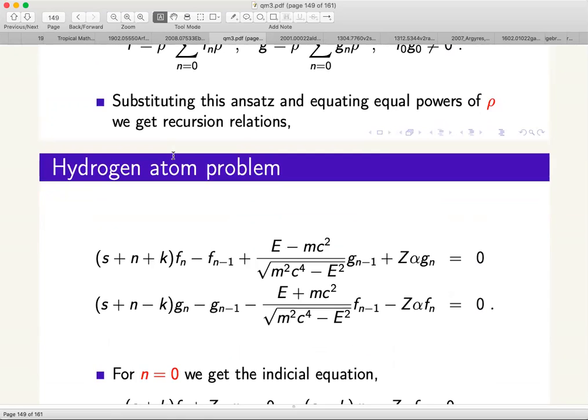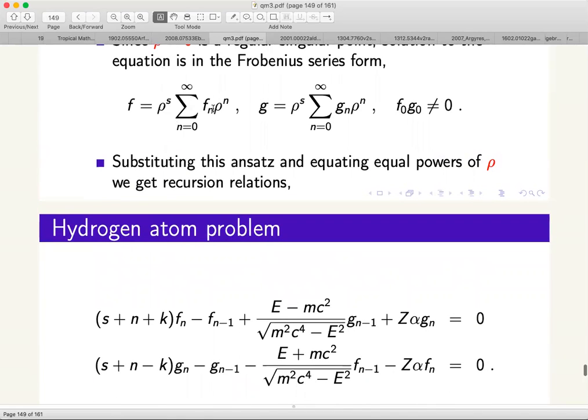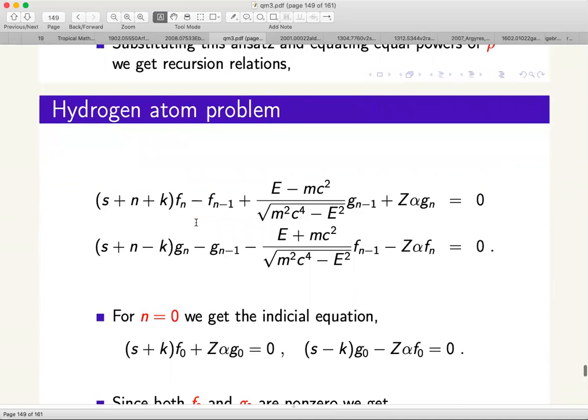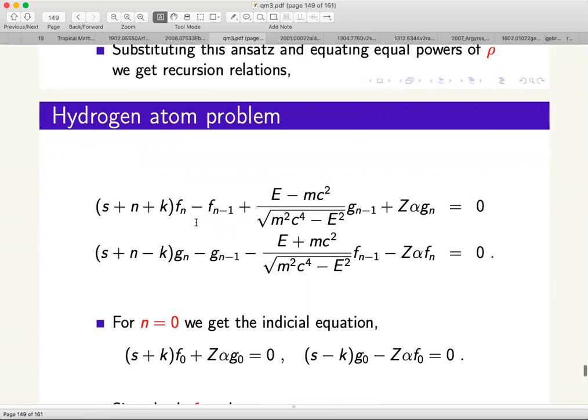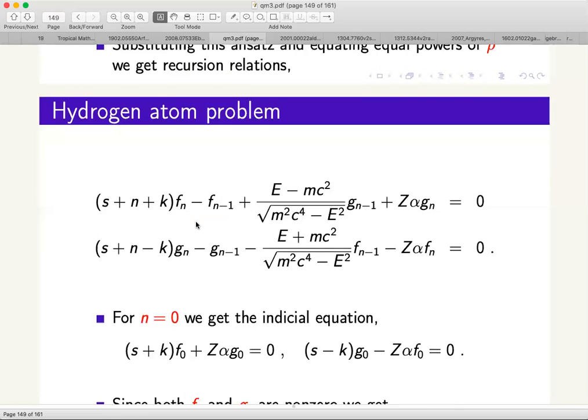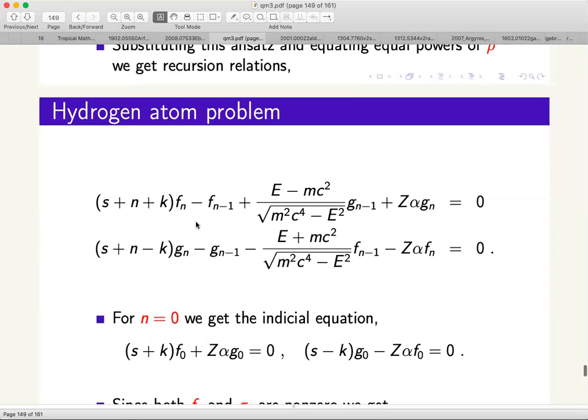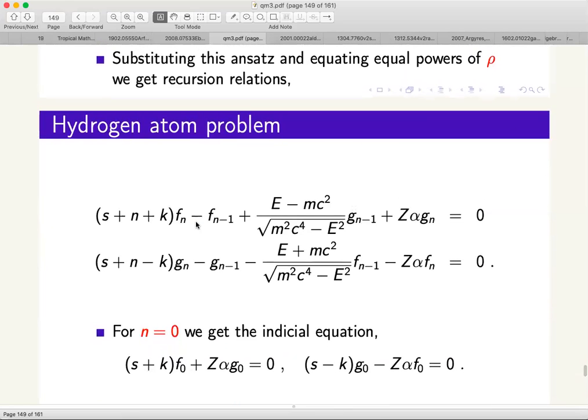Once you determine that index, the only thing that remains is to determine these coefficients. Is that fine? It would look like s is a function of f0 and g0, but it is not. You just have to make the determinant 0.